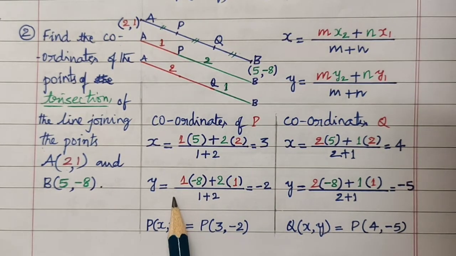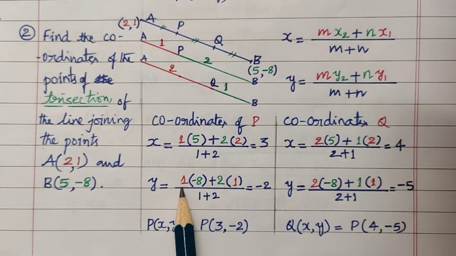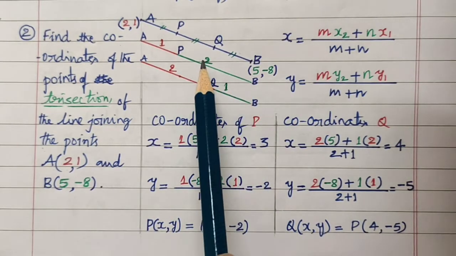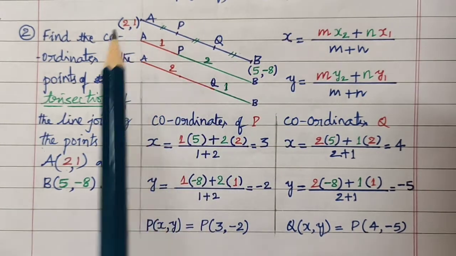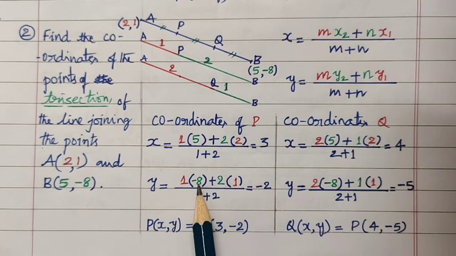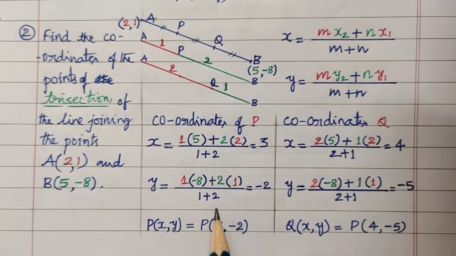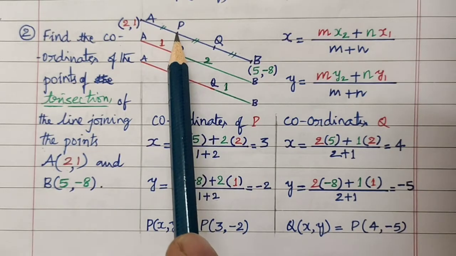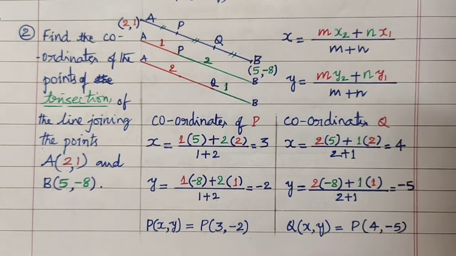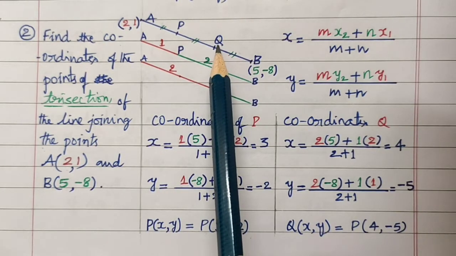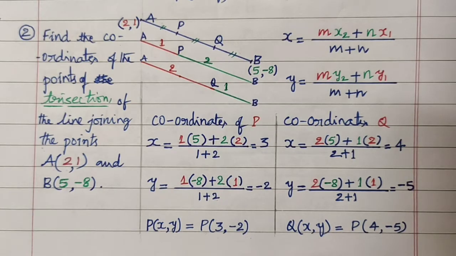Y is equal to m into y2, where y2 is minus 8, plus n into y1, where y1 is 1, divided by m plus n. So the coordinates of P (x, y) are (3, -2). These are the coordinates of P. So we'll go to the next point to find the coordinates of Q.